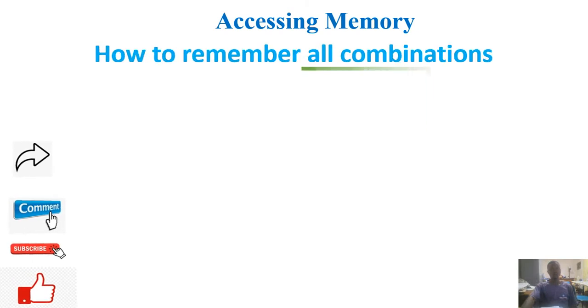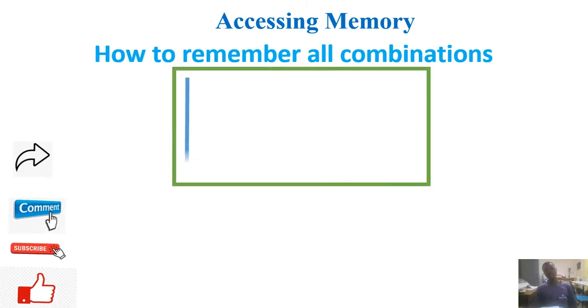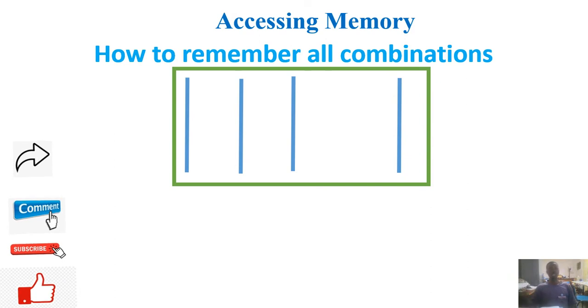Right. To remember all these combinations, we have these 3 columns. So the columns that I'm referring to are this column first, and the second column, and the other column. This one is representing displacement. This one is representing index registers.